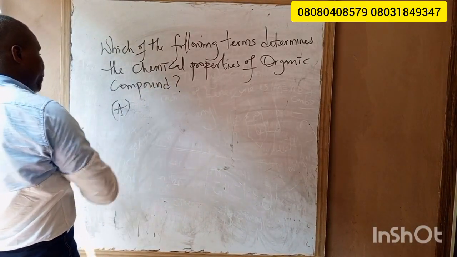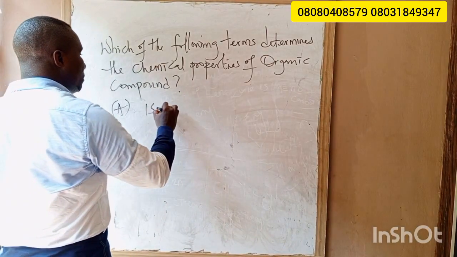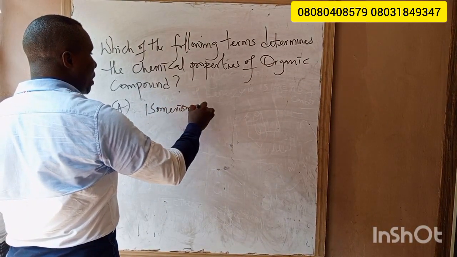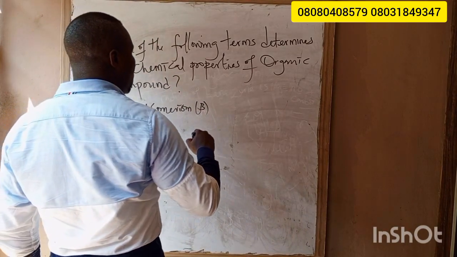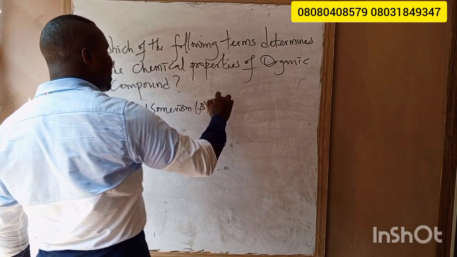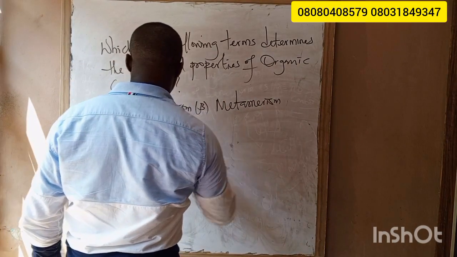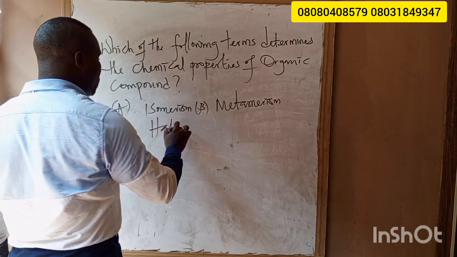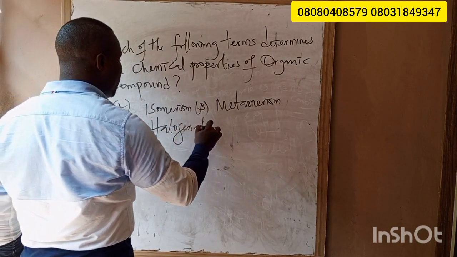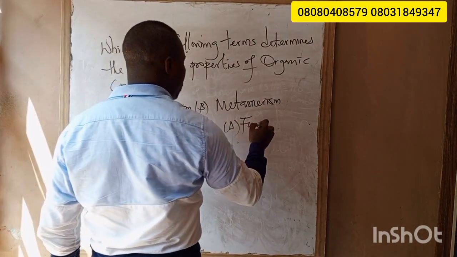Option A, isomerism. Option B, metamerism. Option C, halogenation. Option D, functional group.